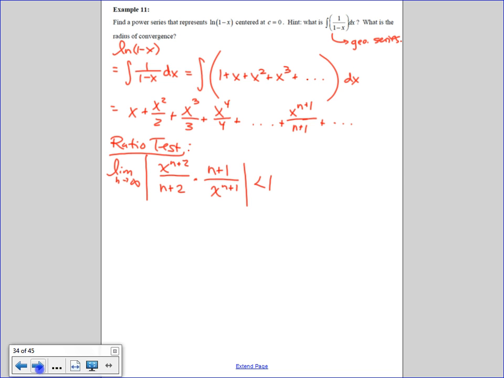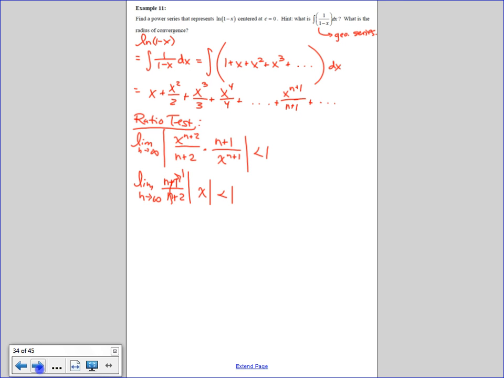Then I end up with the limit as n goes to infinity of n plus 1 over n plus 2, which are always positive, so I don't need to worry about absolute value. And they're going to 1 because degrees are tied. x to the n plus 2 over x to the n plus 1 is x, so x is less than 1.